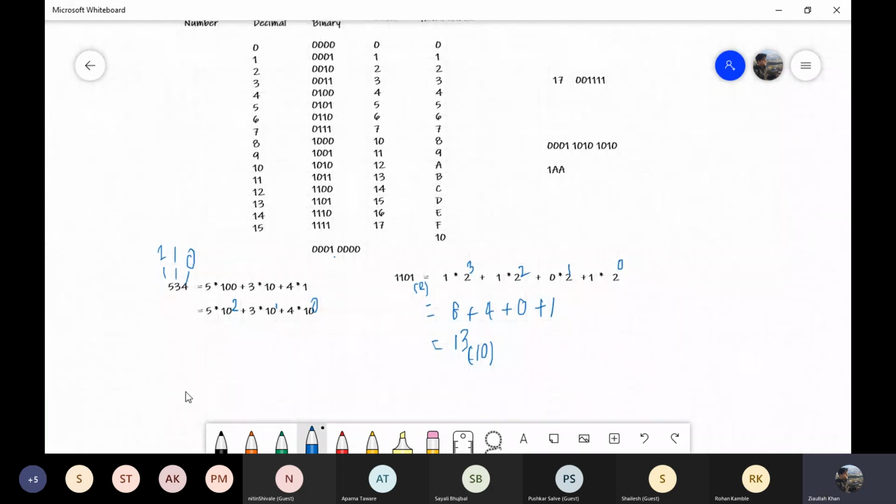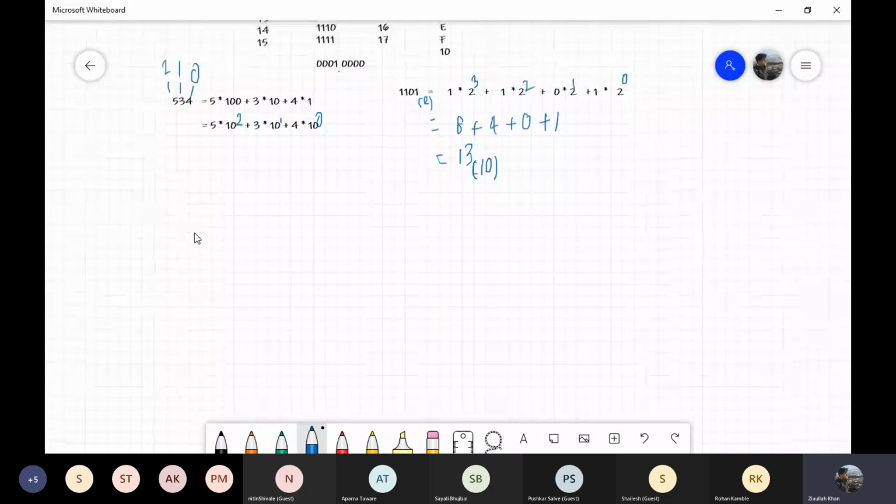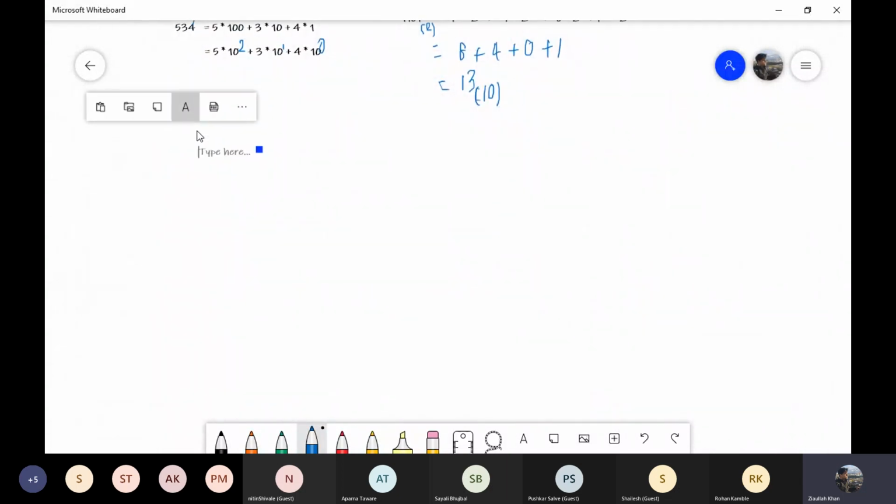Now let's talk about the arithmetic in the binary number system. Specifically, let's talk about the add operation. If I have 2 decimal numbers, 3 and 5, and I have to do the addition, the total is going to be 8, and we can do it the regular way. But things get a little tricky when we have a carryover.